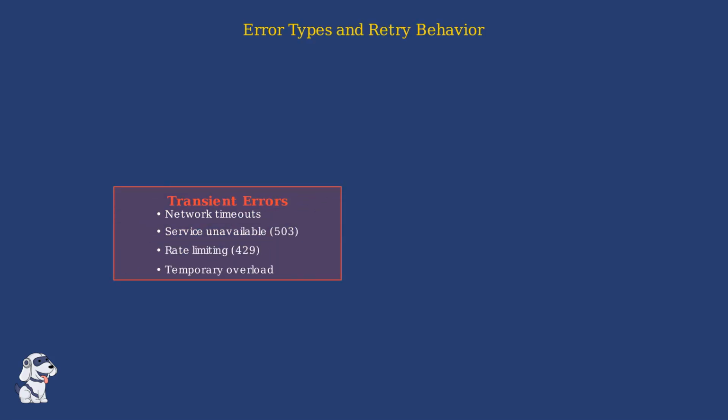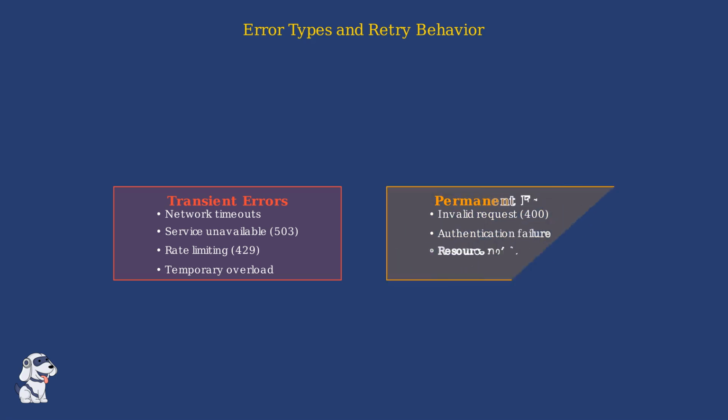Cloud Tasks distinguishes between different types of errors to optimize retry behavior and resource utilization. Transient errors are temporary issues that may resolve themselves over time. These include network timeouts, service unavailability, and rate limiting. Cloud Tasks automatically retries these errors. Permanent errors indicate fundamental problems that retrying cannot fix, such as invalid requests or authentication failures.